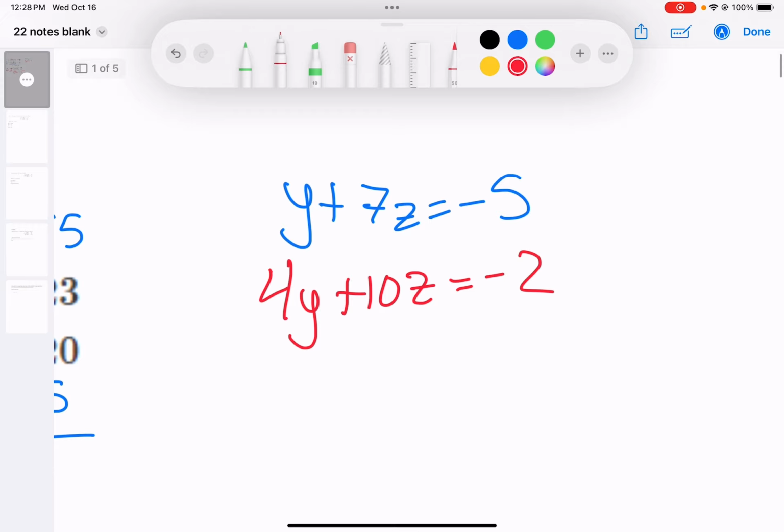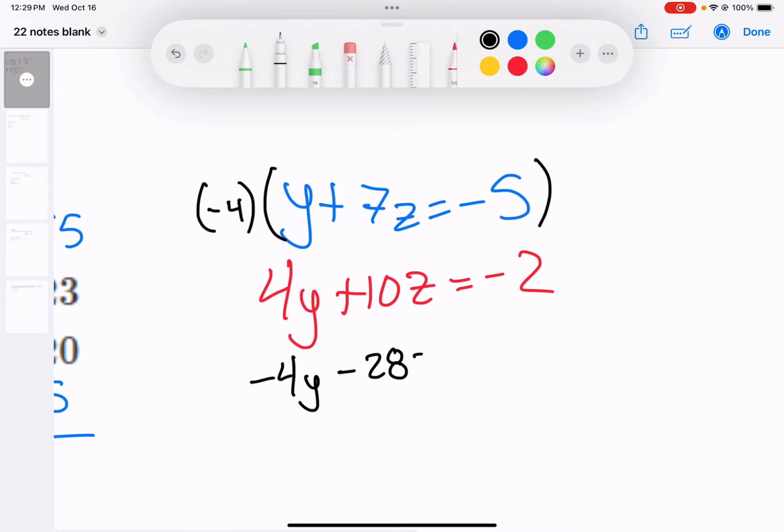So now I have this equation, 4y plus 10z equals negative 2. And now I have 2 equations with 2 variables. So this is basically the same thing that we were doing in activity 21. So now I can times this one by a negative 4. I'm going to write it down here. I got negative 4y minus 28z equals a positive 20.